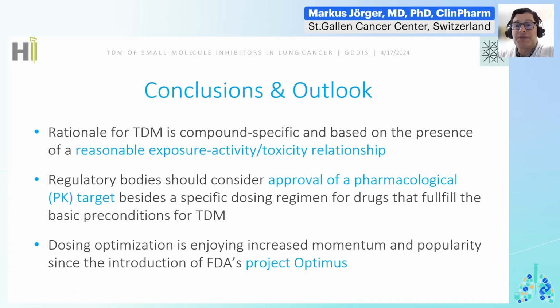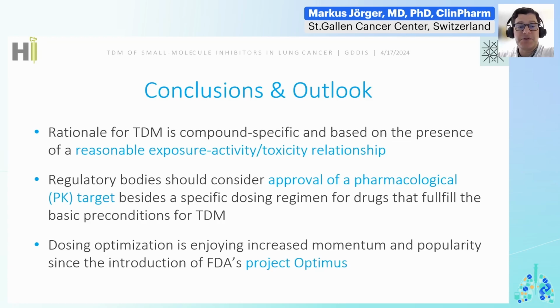The second point is certainly food for discussion. Regulatory bodies, I think, should consider approval of a pharmacological peak attached besides a specific dosing regimen for drugs that fulfill the basic conditions. This is not yet the case, but I think is more and more discussed by FDA and also EMA. Dosing optimization is enjoying increased momentum and popularity.